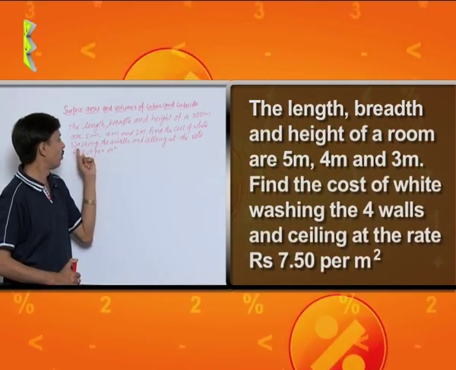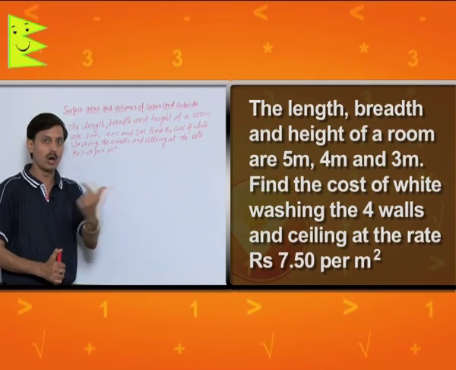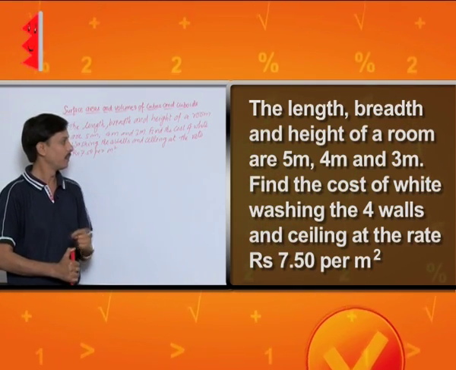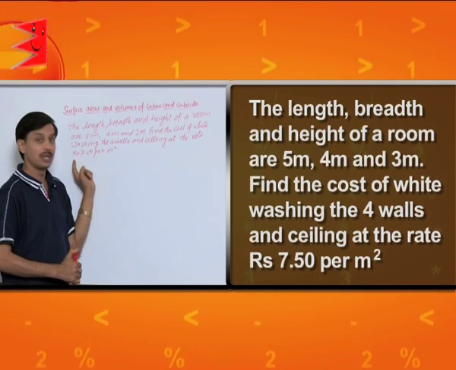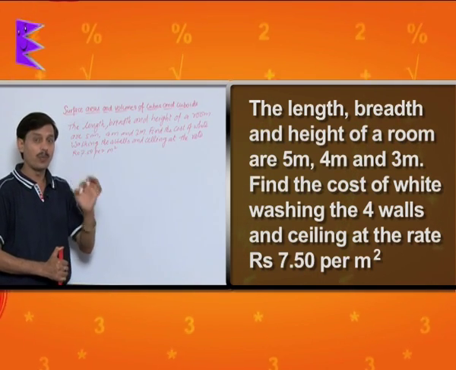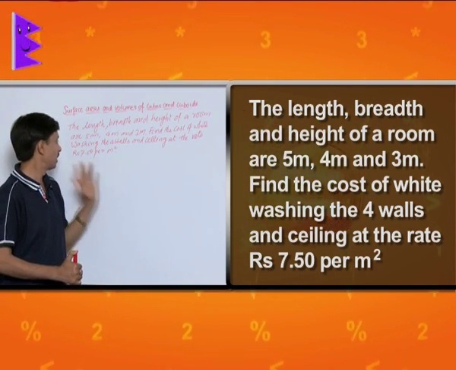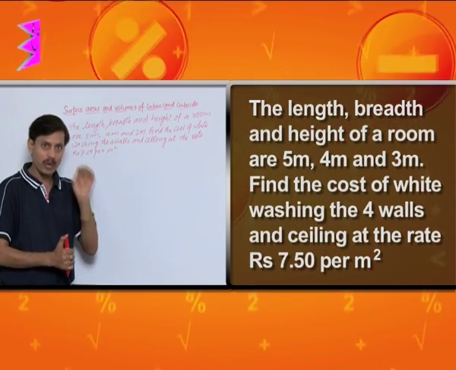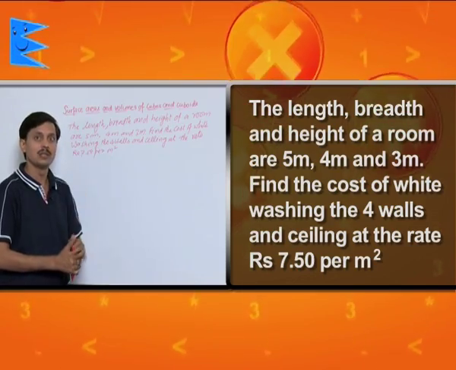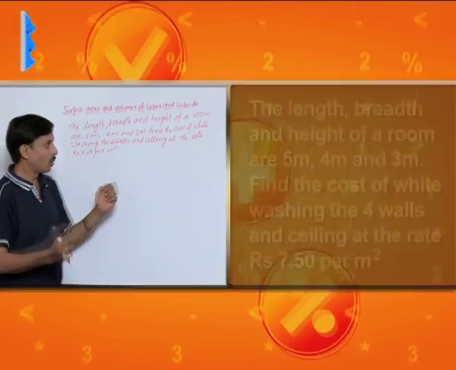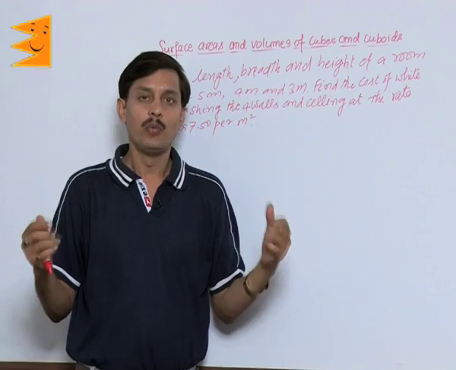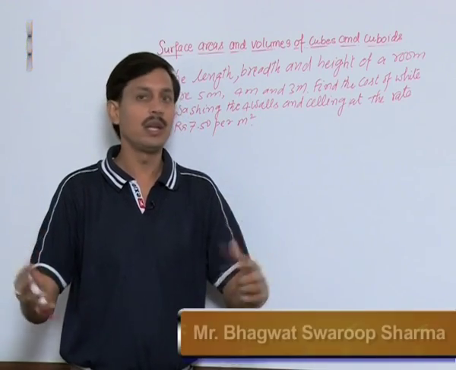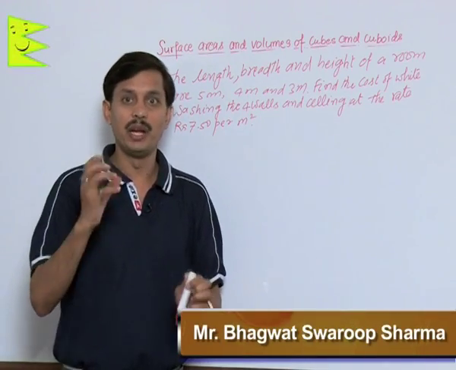Find the cost of whitewashing its 4 walls and ceiling at the rate of rupees 7.50 per meter square.